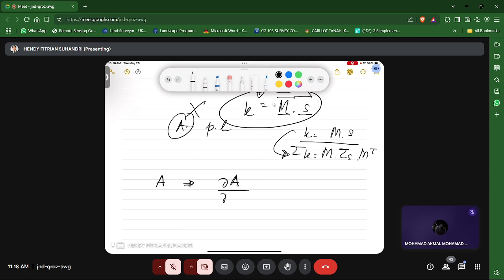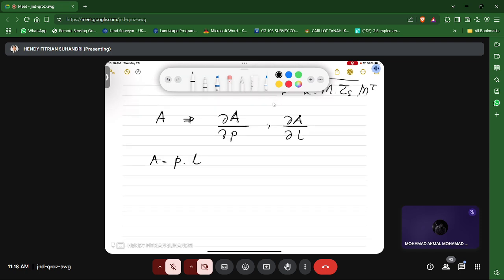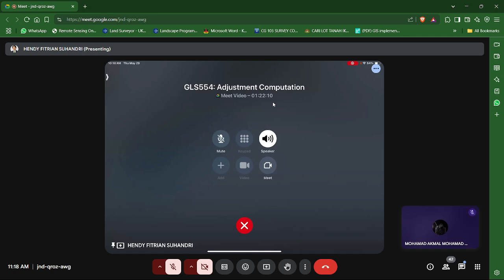We derive with respect to P and we derive with respect to L. So our equation is A equals P times L. So it means we have to derive equation A, or area, with respect to P and with respect to L. Now, dou A.